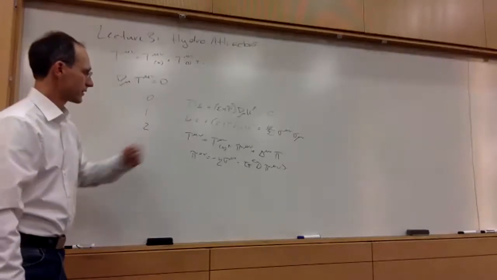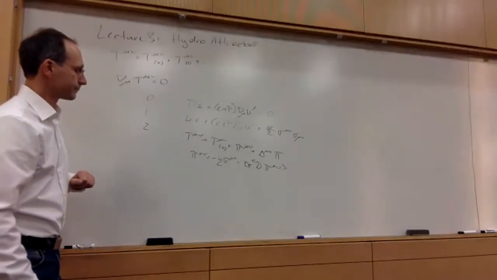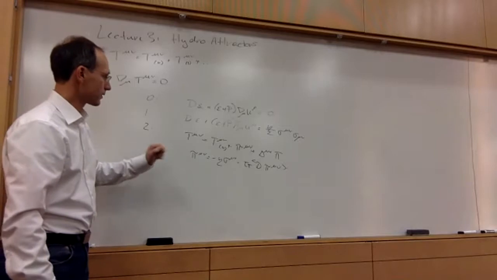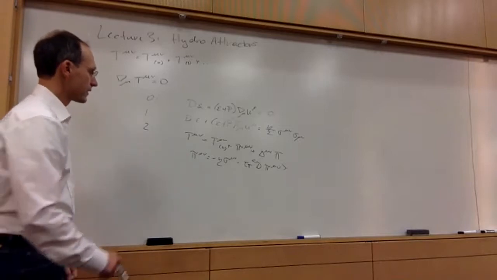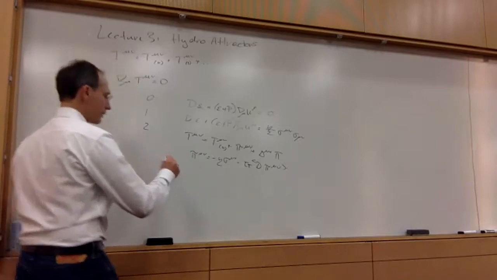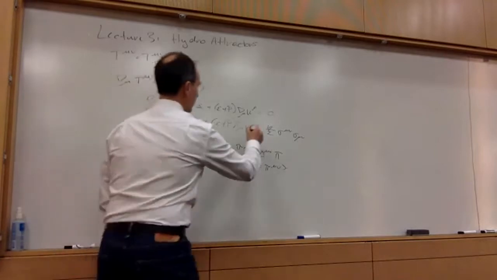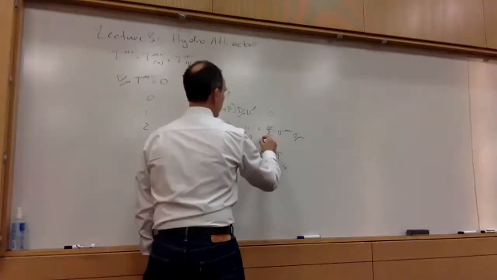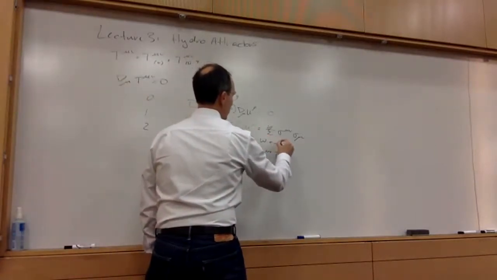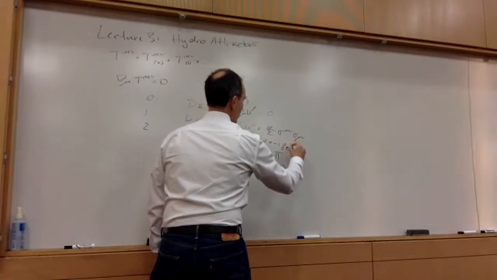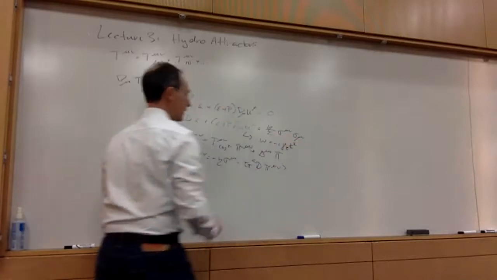So what are the consequences of doing this? Originally we had a mode with a dispersion relation that said omega is equal to k squared.